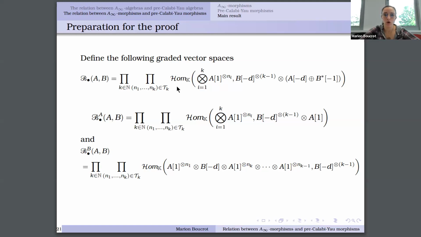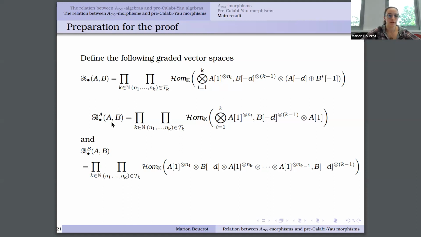Those are Hom spaces of a tensor product of copies of A shifted by 1. So here we have K groups of copies of A shifted by 1 in some sense. Here we have K minus 1 outputs in B shifted by minus D. And we have the last one, which is A shifted by minus D plus B star shifted by minus 1.